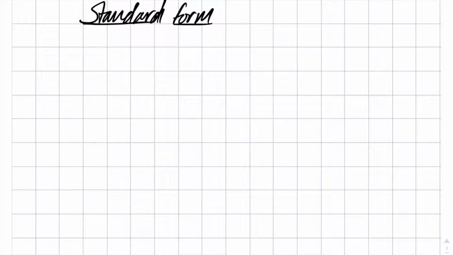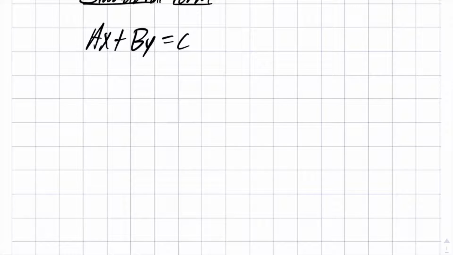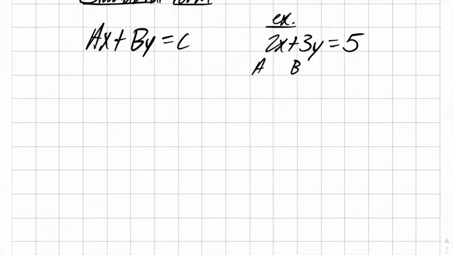So standard form is in the form of ax plus by equals c, where a, b, and c are real numbers, okay? So an example of what standard form will look like is 2x plus 3y equals 5, where this is your a, this is your b, this is your c.